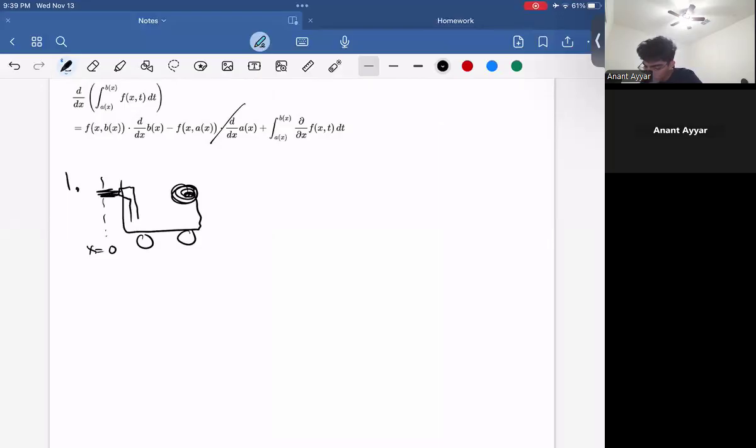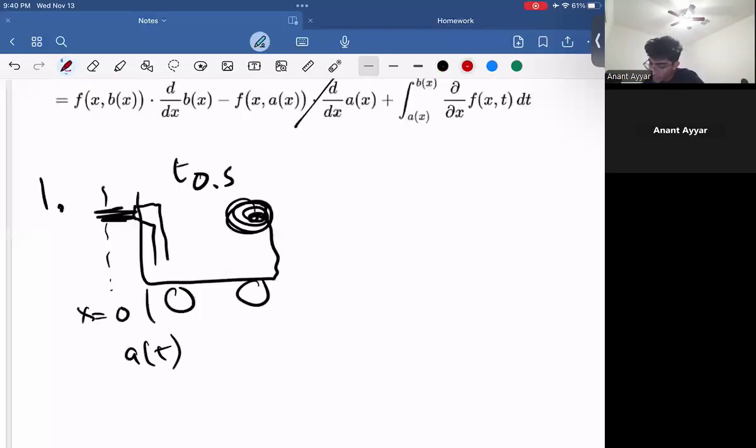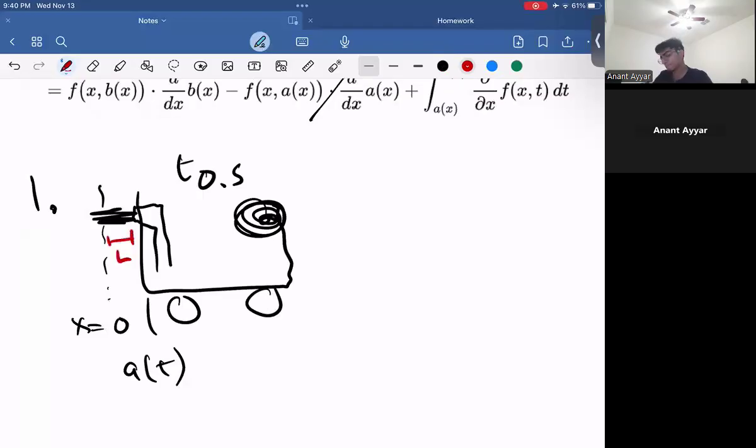And this part of the cart is AFT, which is important. So let's say this is time t equal to 0, or like 0-ish, so 0.5 or something like that. So right now, the amount of water that's come out is L1, let's say.